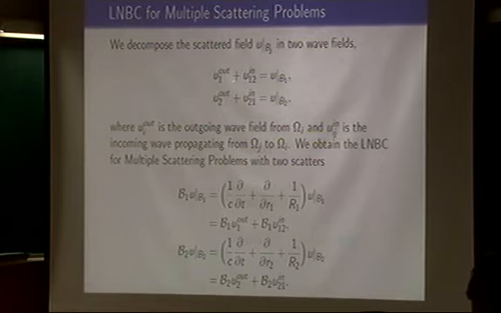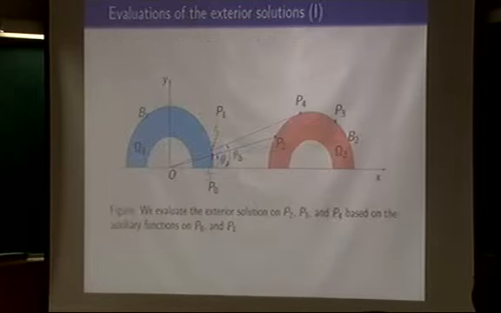So I have here the outgoing solution from omega 1 and the incoming solution from omega 2 to omega 1. Then on the boundary you have the total solution on the surfaces B1 and B2, and you build this new boundary operator and put it in.